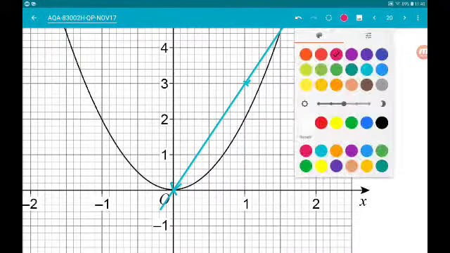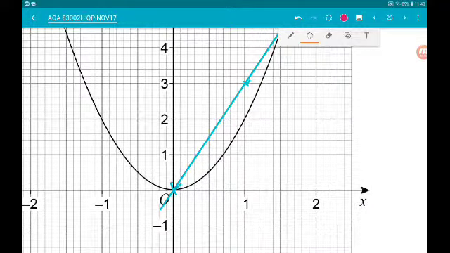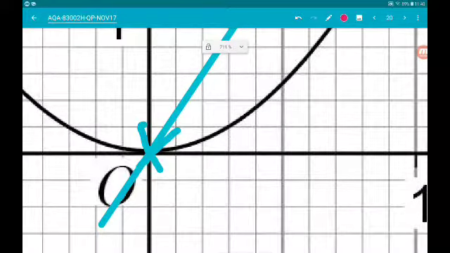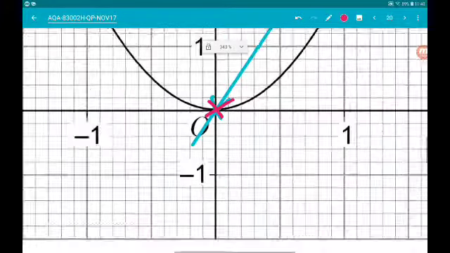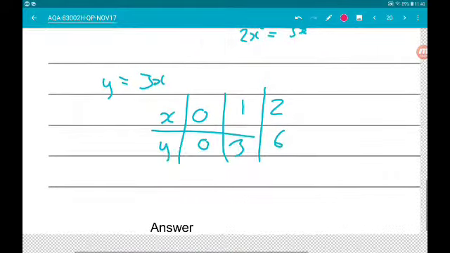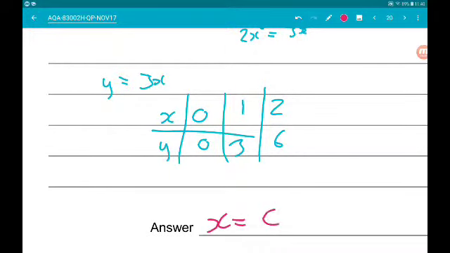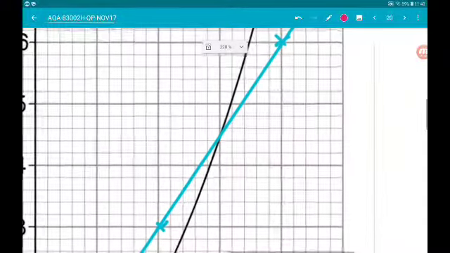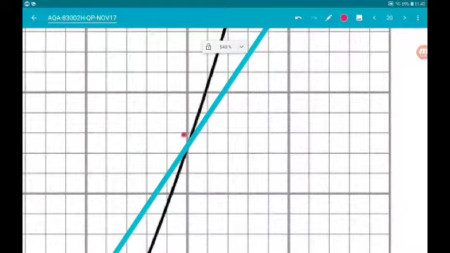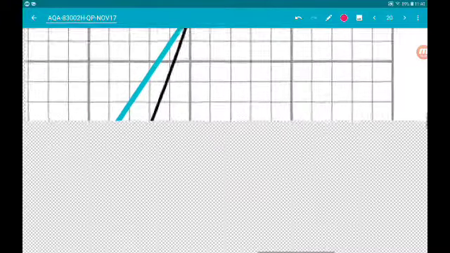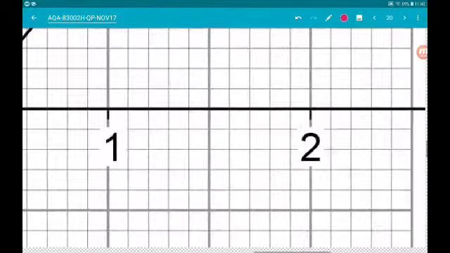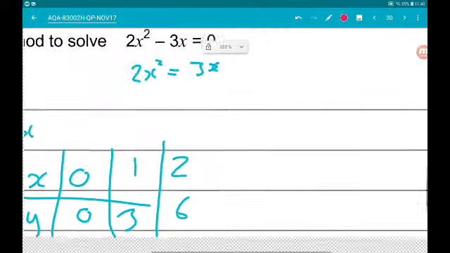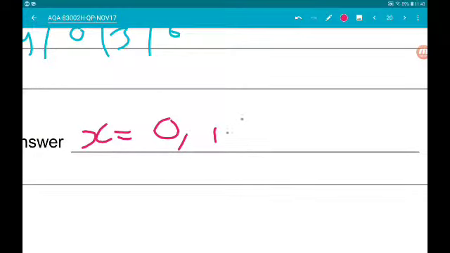So what we want are the x values where the line and the curve intersect. So we get x is equal to 0, and the other one is here, which is going to be x is equal to about 1.5. Cool.